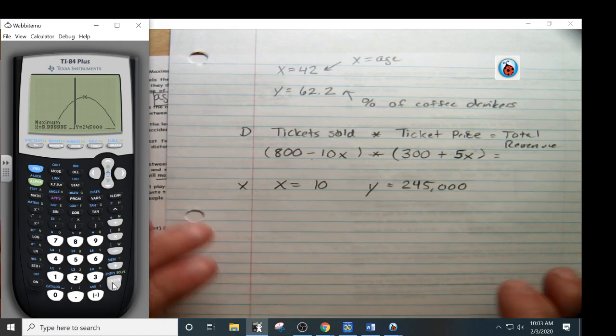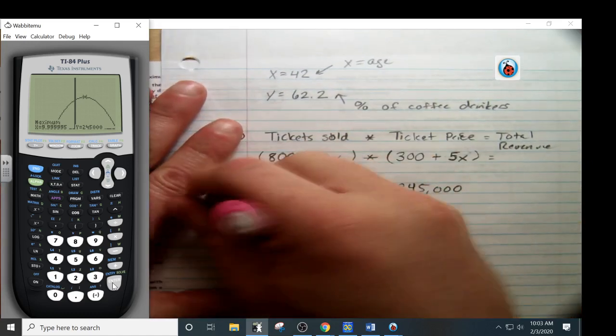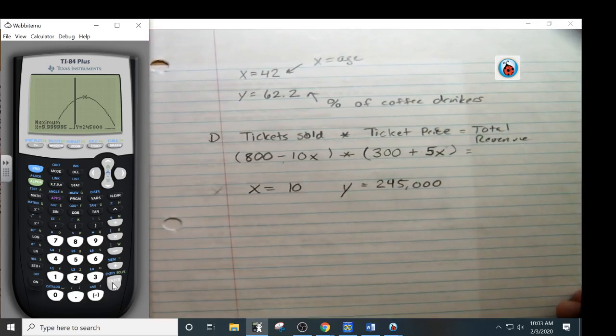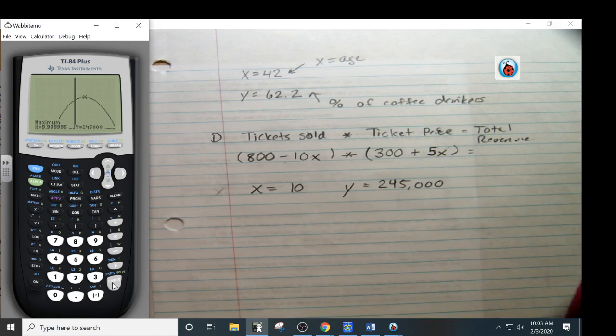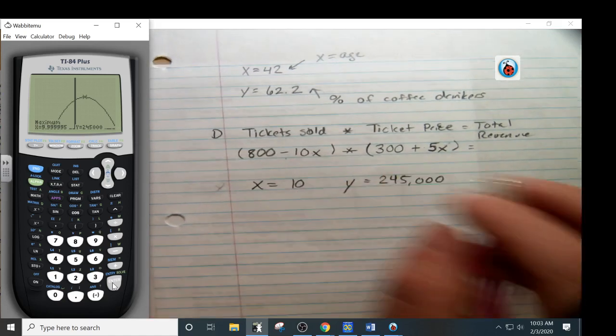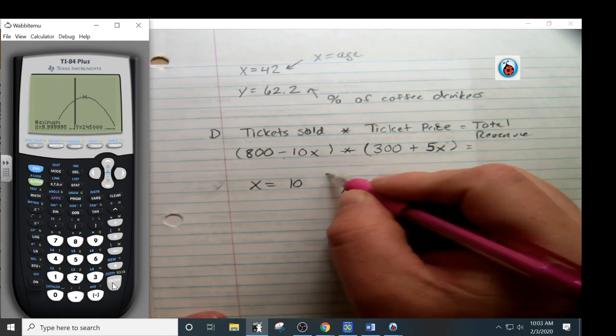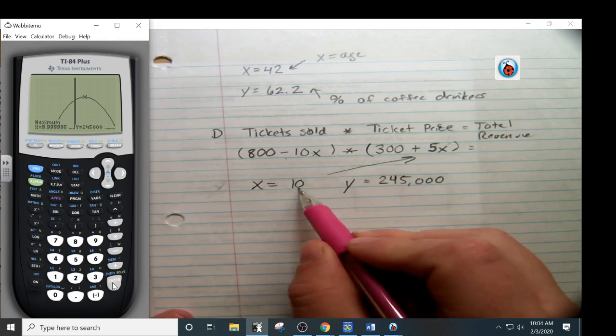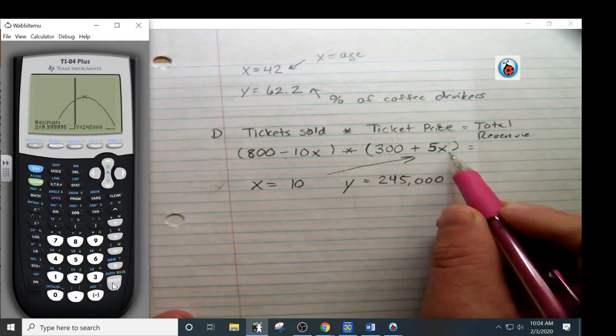Now, guys, what it's asking is, what ticket price will maximize their income? Now, guys, I'm going to tell you this. Here's the ticket price. What you got to do to get the maximum ticket price, you're going to put the 10 in for X here.